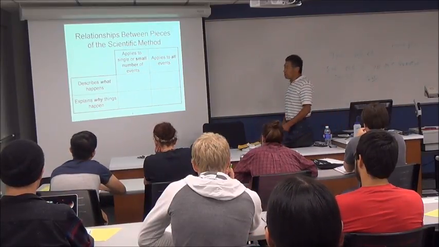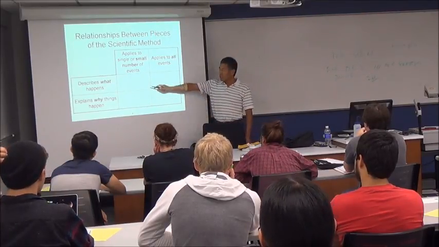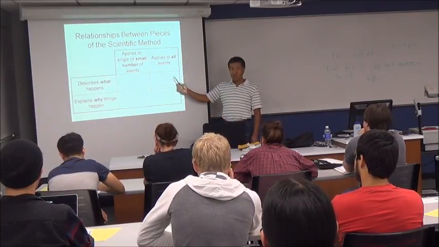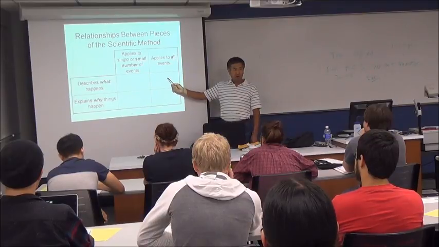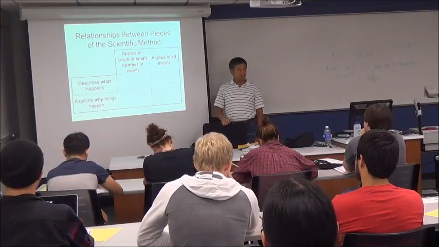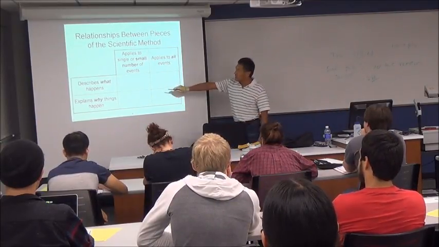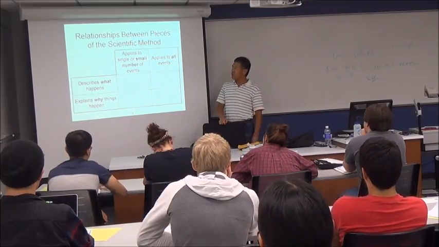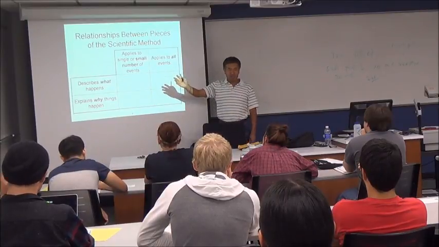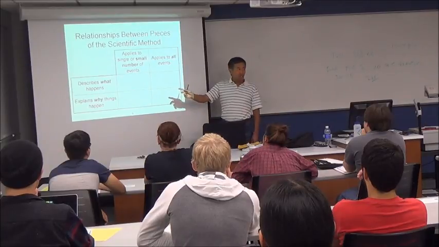Okay. So the problem goes like this on this slide. We try to identify those terms we saw in the last slide: law or observation, or maybe theory or hypothesis. So the first space is for a small number of events, something that describes what happens.